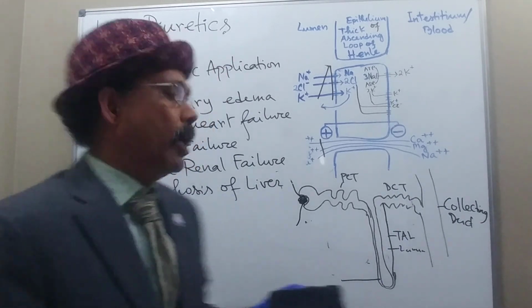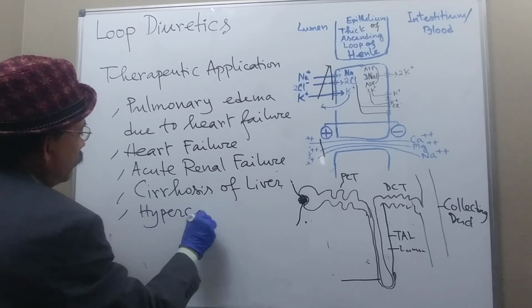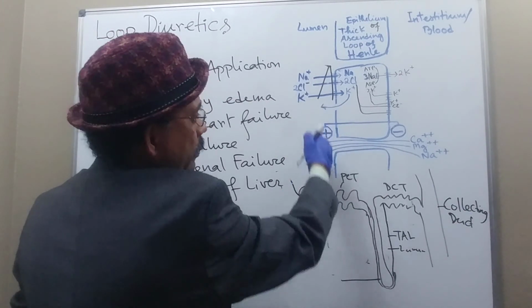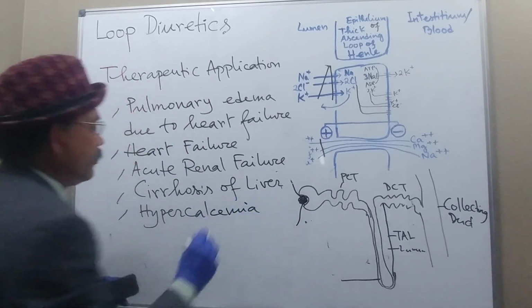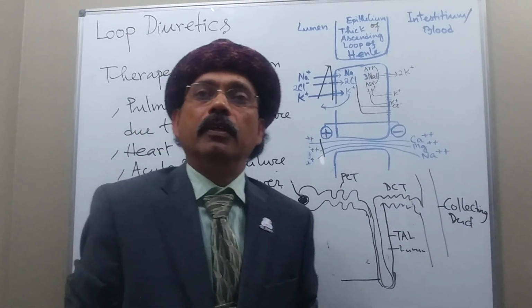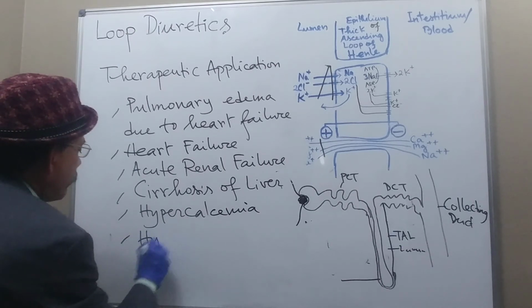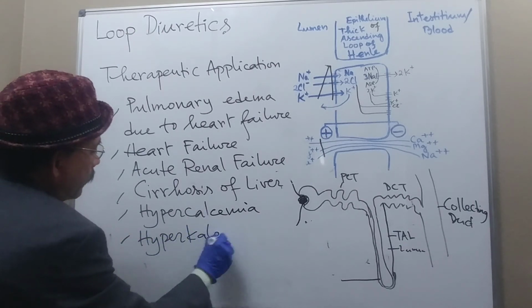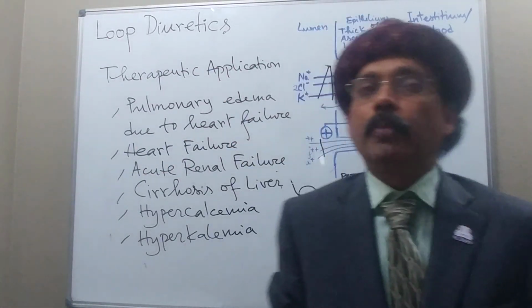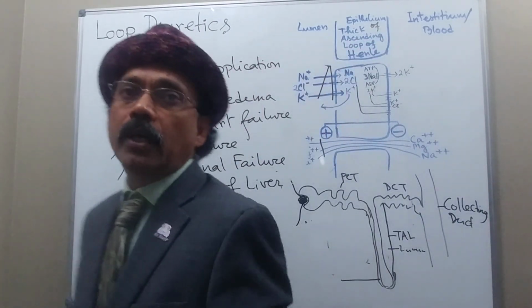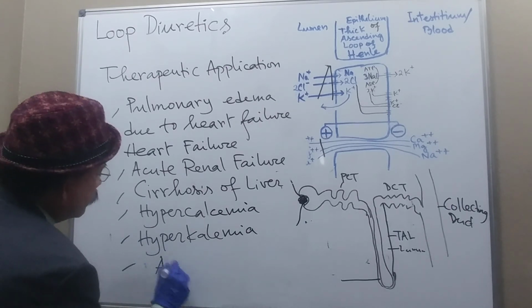In the management of hypercalcemia, because it passes the calcium through the urine, hypercalcemia is an indication. Okay, so it is also used to manage hyperkalemia. Okay, we got the use: pulmonary edema, hypercalcemia, heart failure, hyperkalemia, acute renal failure, and certainly anion overdose.